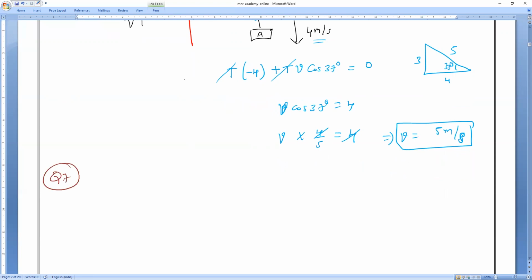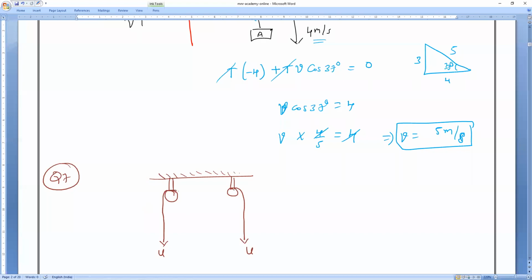This is one of the IIT JEE questions which was asked a few years before. There is a rigid surface, all of you observe very carefully. Two pulleys are there, with initial velocity u, and this side also has velocity u.